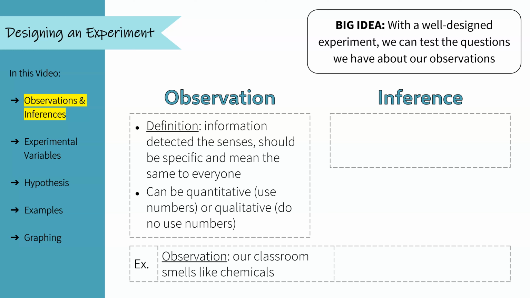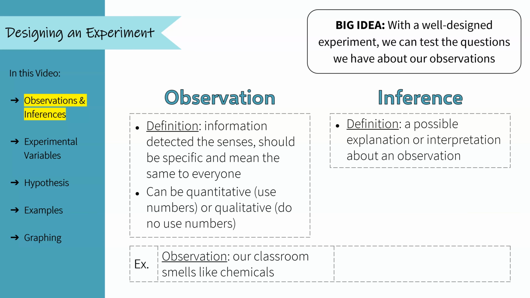Something that we're doing all the time just as human beings is then making inferences about our observations. An inference is a possible explanation or interpretation about an observation. So when I walk in the chemistry lab, if I didn't know what it was, I might look around the room and say, oh, there's a chemical hood, there are faucets, there's a periodic table, and then to explain that information, I would say, oh, I must be in a chemistry classroom or a science classroom.